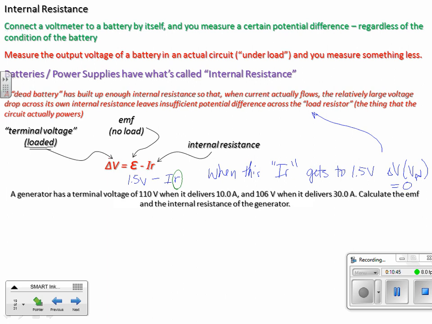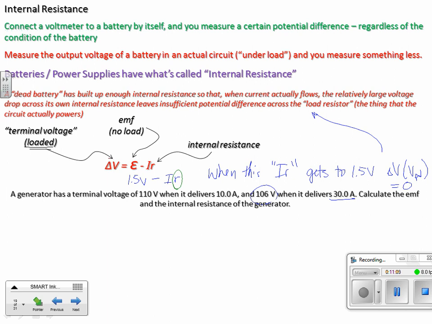All right, but here's a sample question. The question says there's this generator that has a terminal voltage, or a terminal potential difference, of 110 volts when it's delivering 10 amps. But notice, when it delivers 30 amps, the terminal potential difference drops down to 106, right?